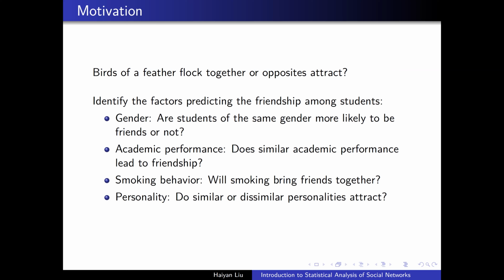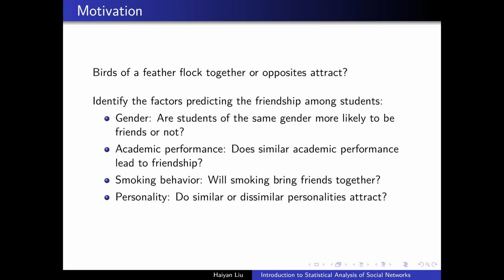The candidate predictors, when we collect the data, include gender information, academic performance, smoking behaviors, and personality, even loneliness and depression, those health behaviors. We would like to test whether this information could predict friendship among students or not.